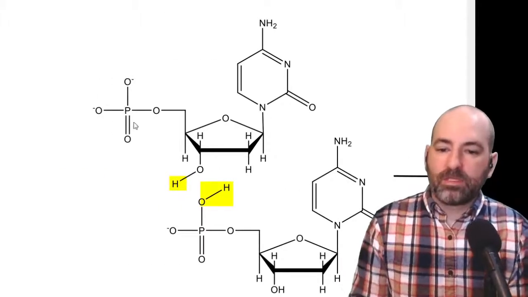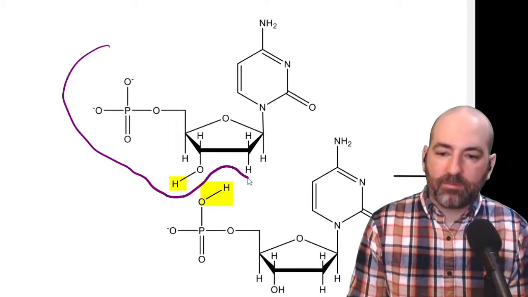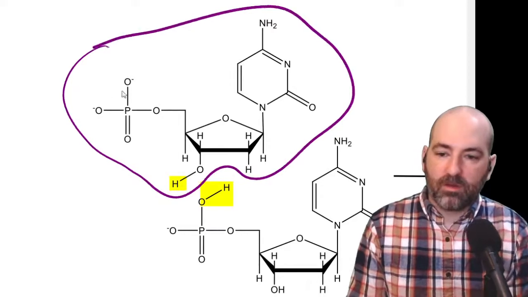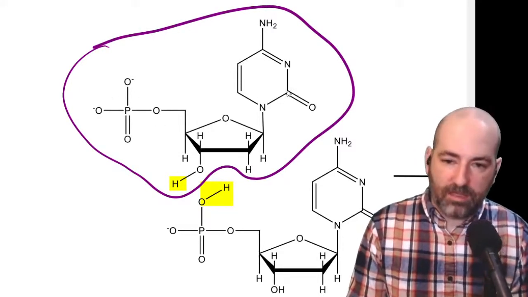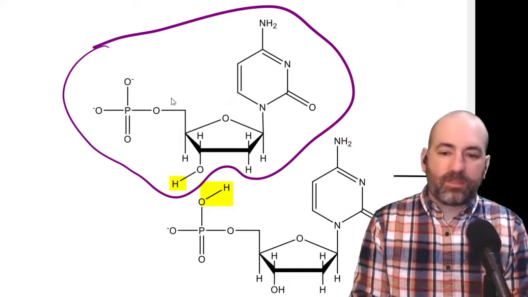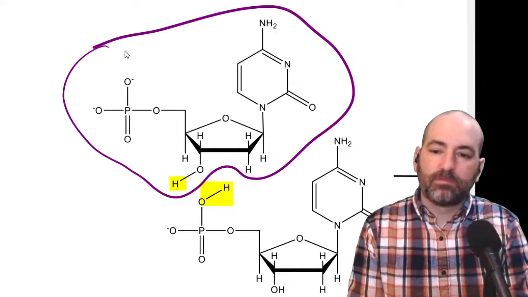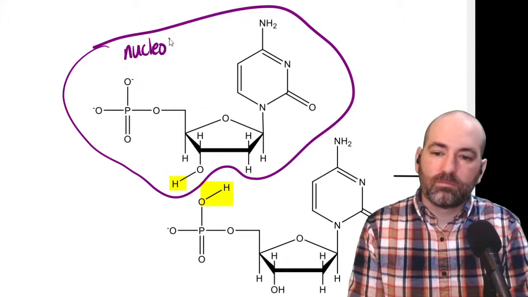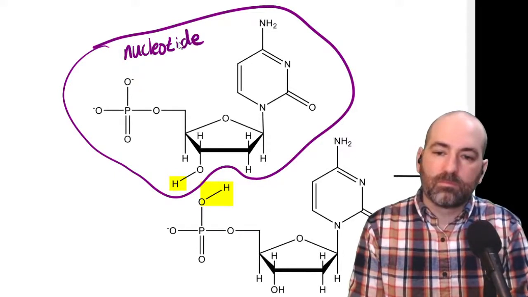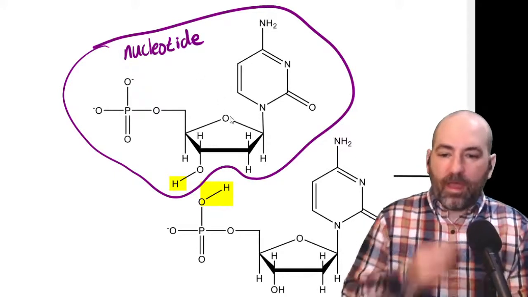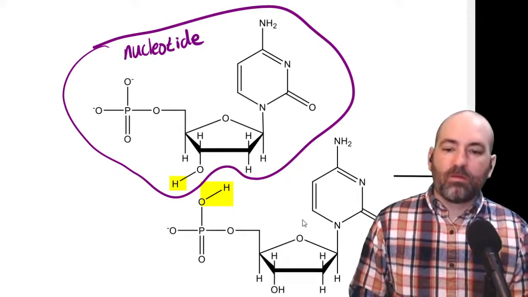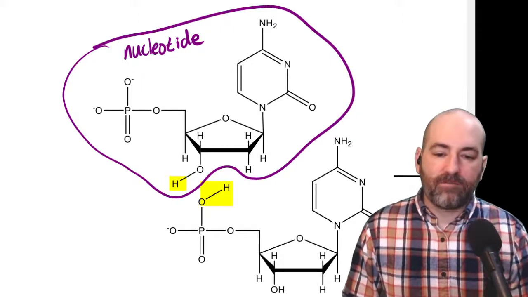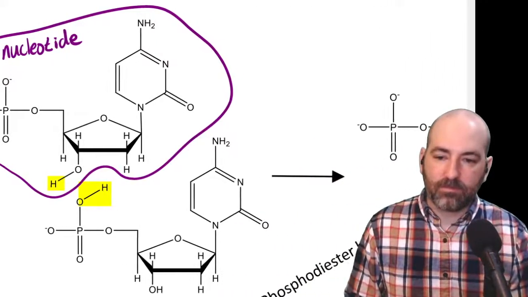All right, so remember this piece here, which is composed of phosphate, sugar, and base. That's our nucleotide. And that links together with another one to form what we call a phosphodiester.